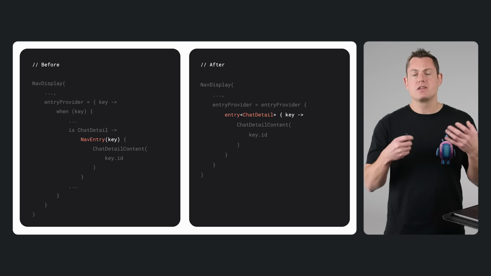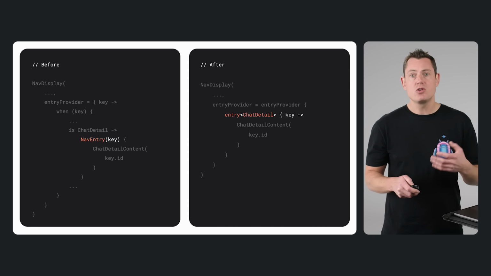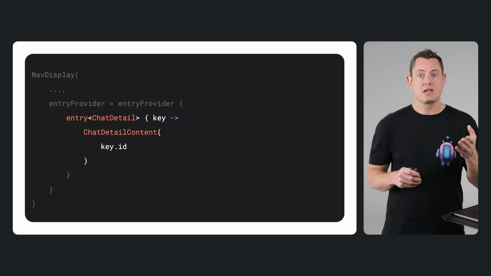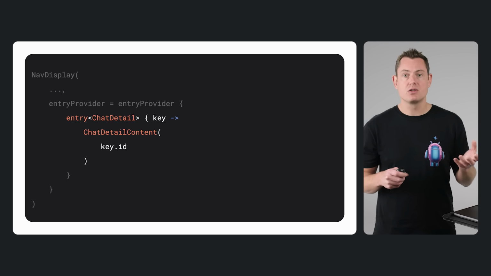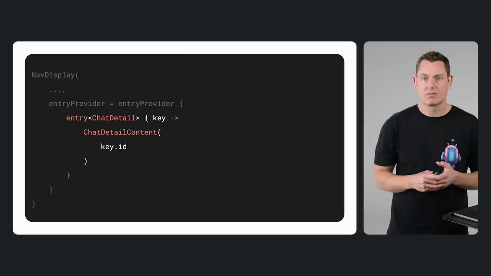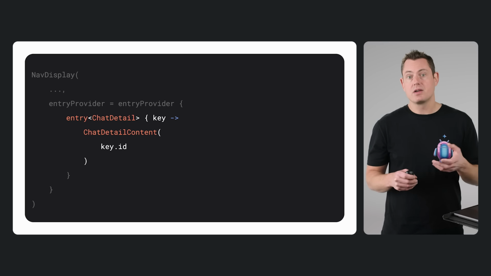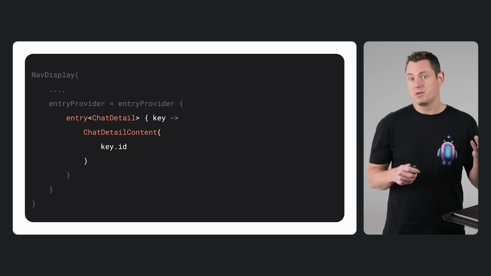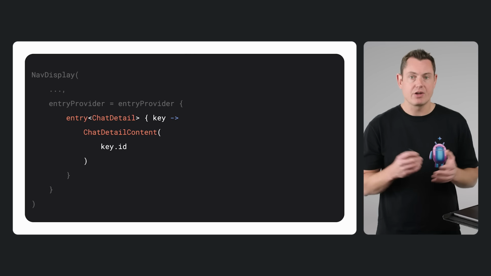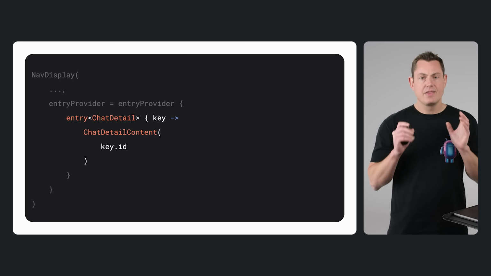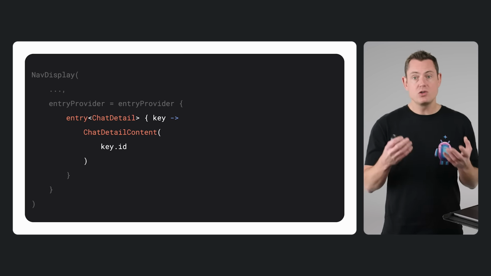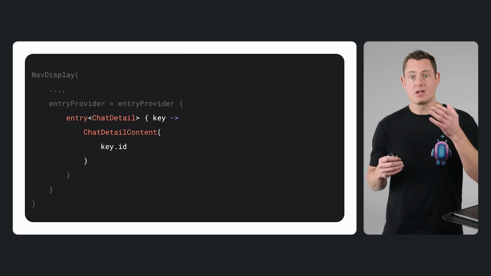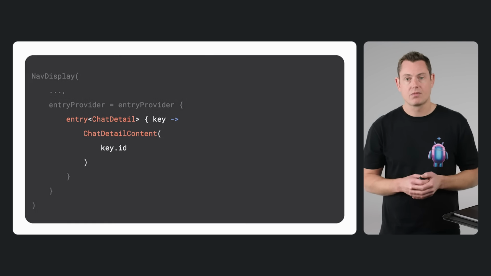Now, instead of creating nav entry objects directly, you can just use entry. This takes the key type as a parameter, and the trailing lambda is the composable content for that key. The key object is passed as a lambda parameter, so we can obtain any extra data from it, such as navigation arguments. This structure comes in really handy for splitting up your entry provider, which is useful when you have different teams managing different screens and features.